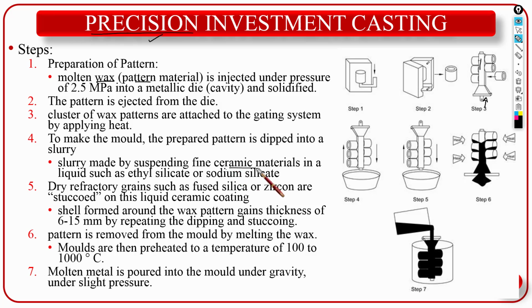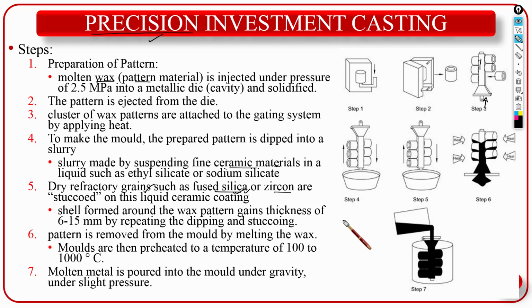After that, because the slurry is stuck on the surface of the wax pattern, we do the coating with dry refractory grains such as fused silica and zircon above it.